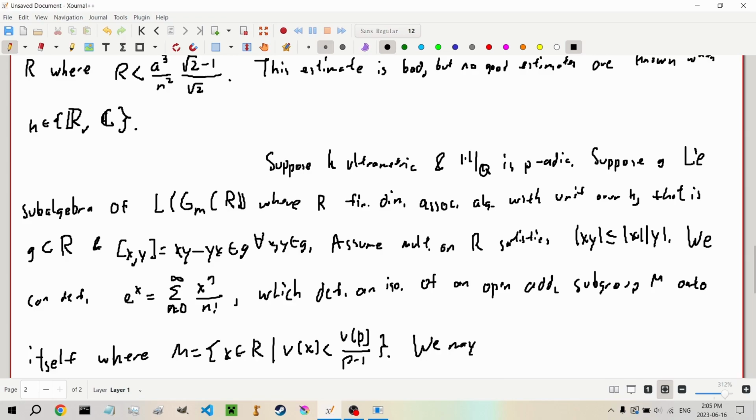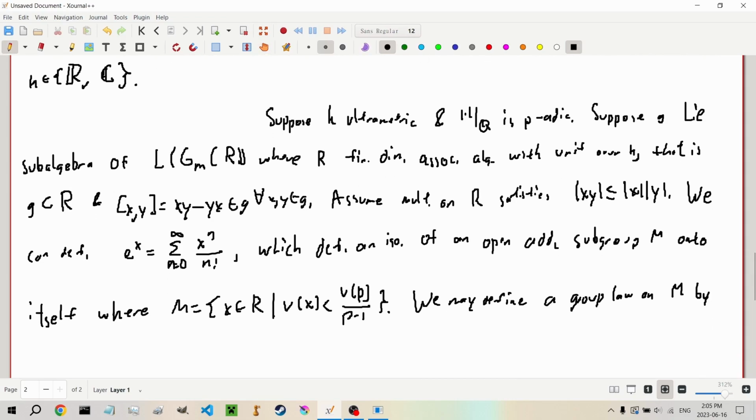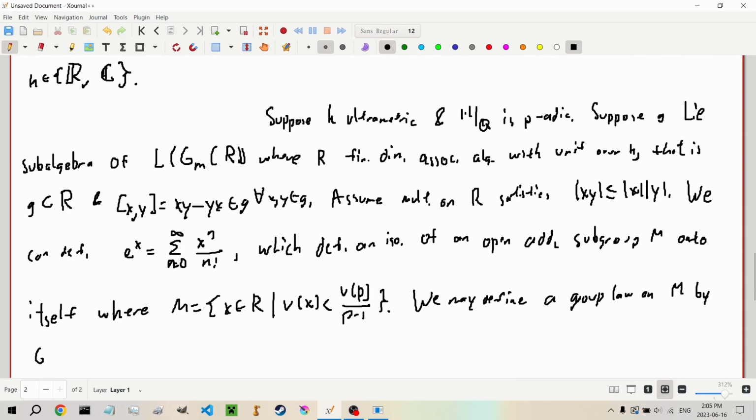We may define a group law on M by g(x,y) equal to z, as there exists a unique z in M such that e to the x times e to the y is equal to e to the z.